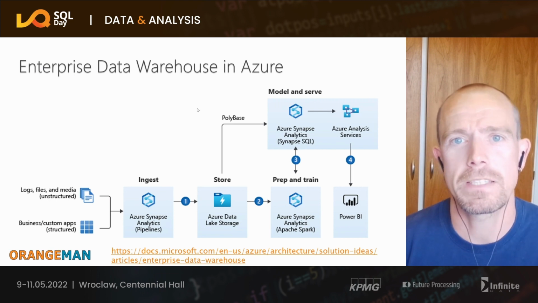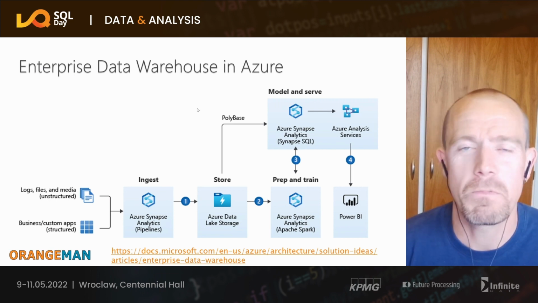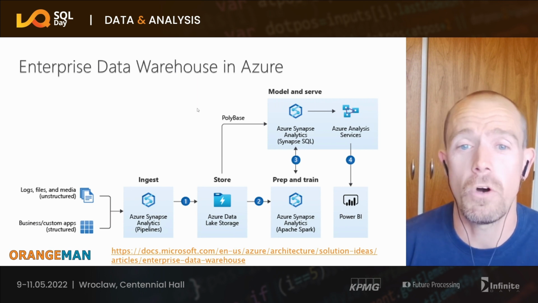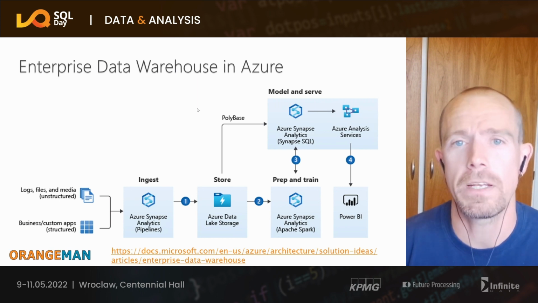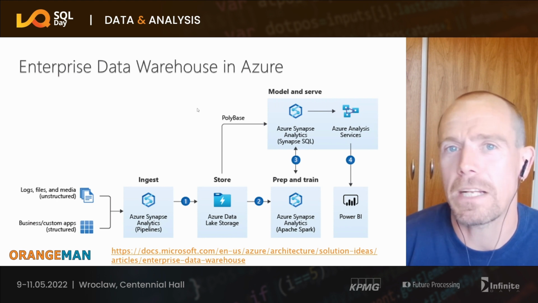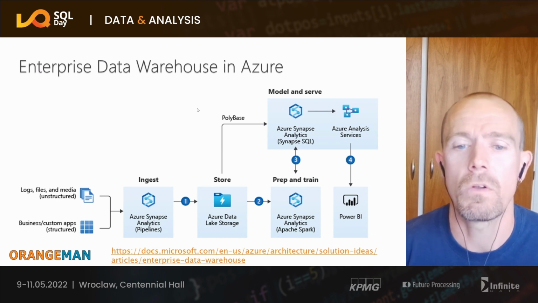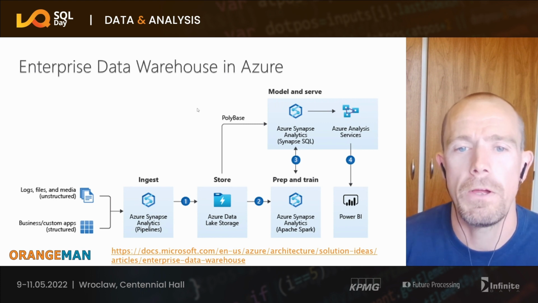But Microsoft has found some new terms for this and now calls it ingest, store, model, serve, prep, and train instead. But it is basically ETL, or ELT as it is also called.